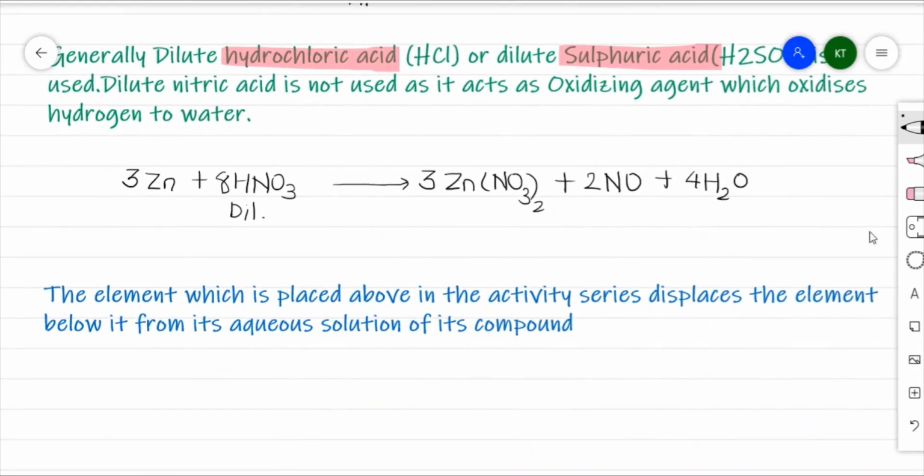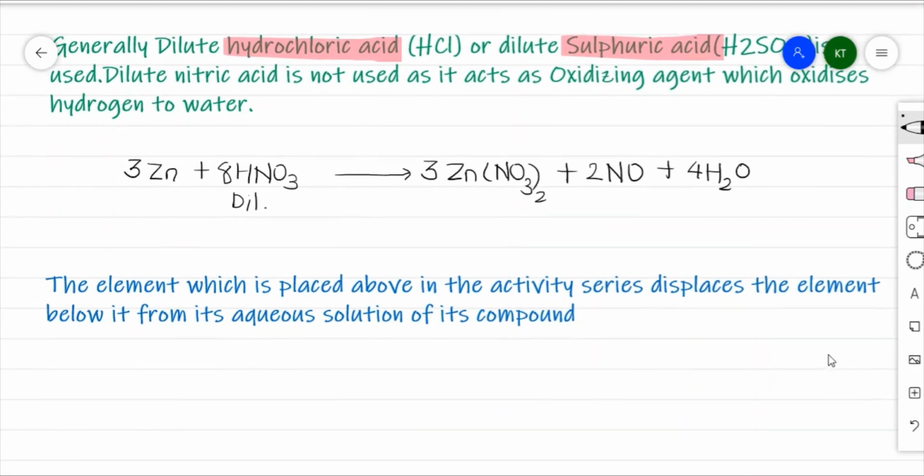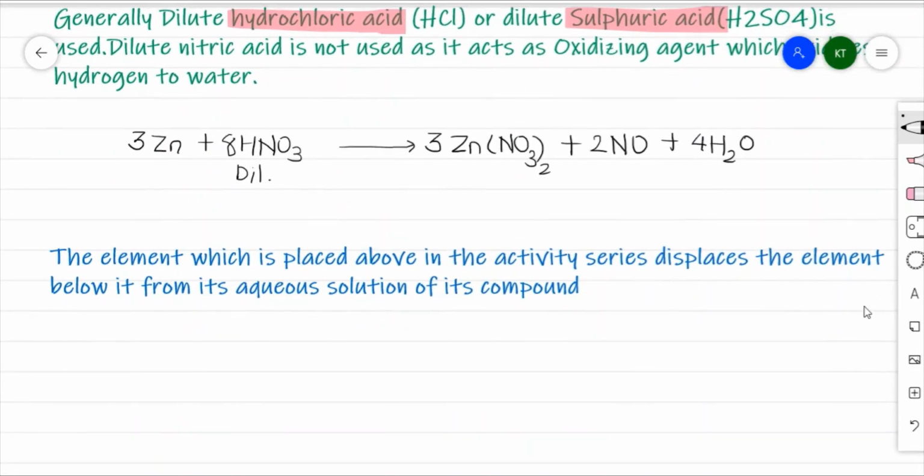Now, another important category: an element which is placed above in the activity series displaces an element below it from its aqueous solution. So I have zinc metal reacting with copper sulfate solution, which is blue in color.